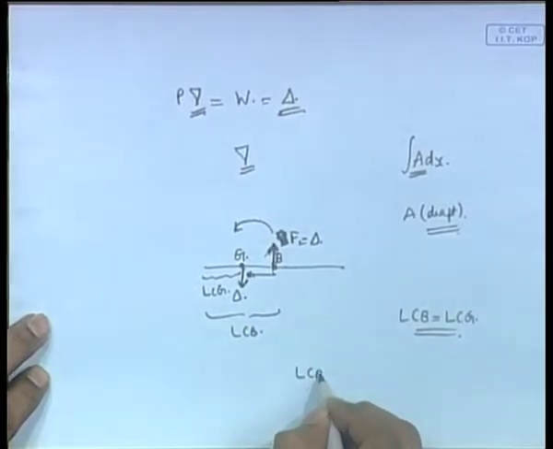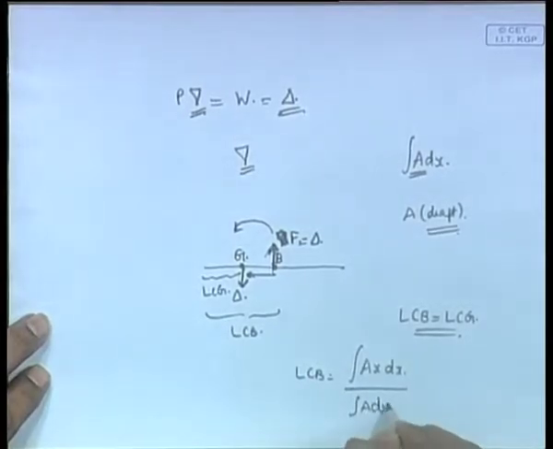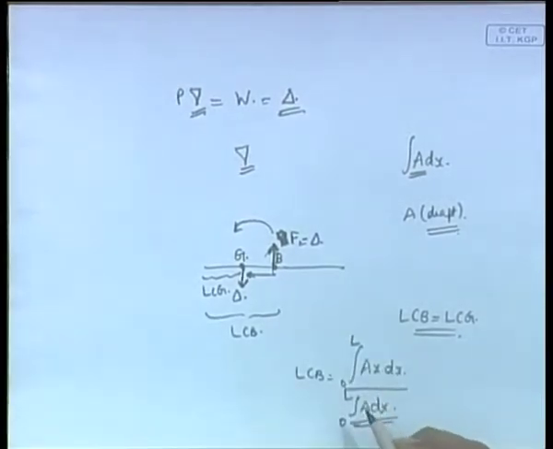So, LCB can be taken as the integral of A x dx divided by the integral of A dx, between 0 to L, or between the aft perpendicular and the forward perpendicular. Let us assume that the moments are taken from the aft perpendicular. So, the integral of A x dx, the moment, divided by the integral of A dx, the volume, will give you the longitudinal center of buoyancy.